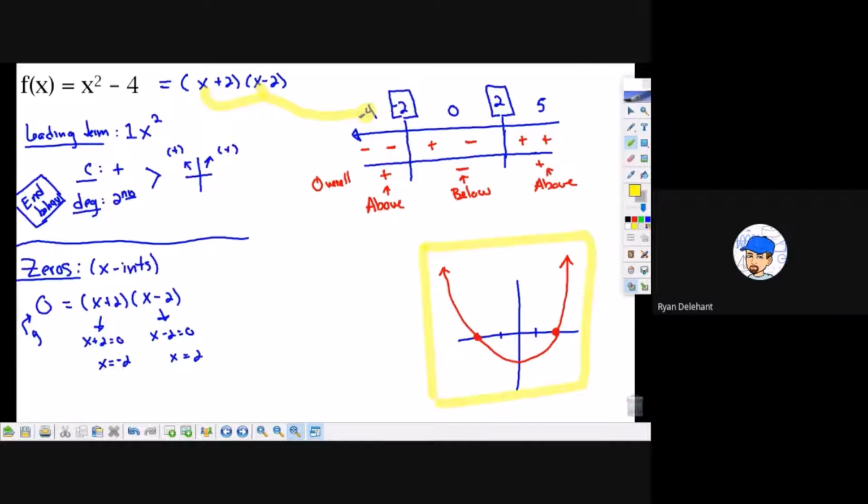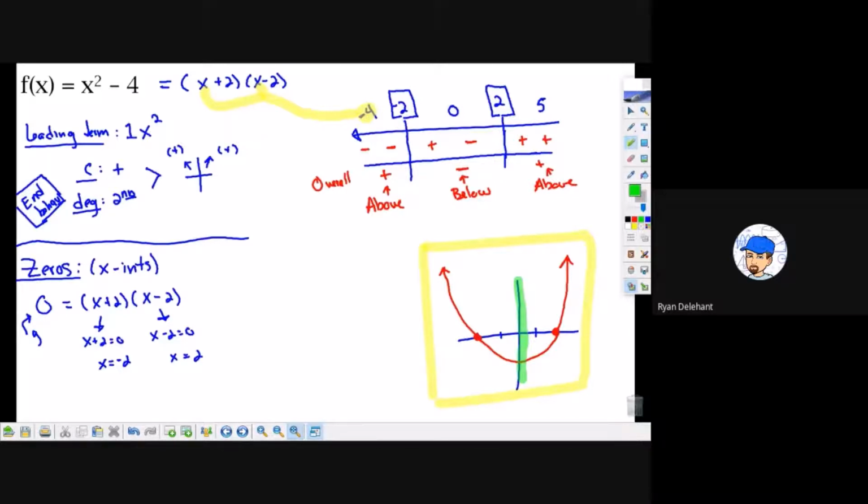One quick thing about my sketch. Which axis did I not put any numbers on? I didn't put a single thing on the y-axis, which I did a really bad job of highlighting. The reason I didn't do that is because we could find the y-intercept for this one because it's easy.